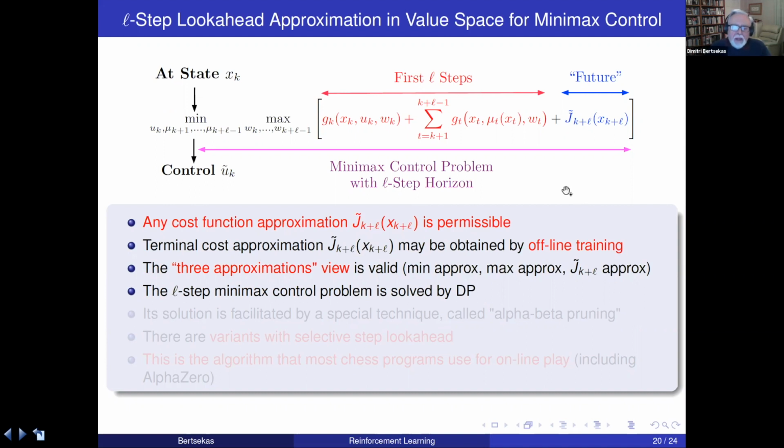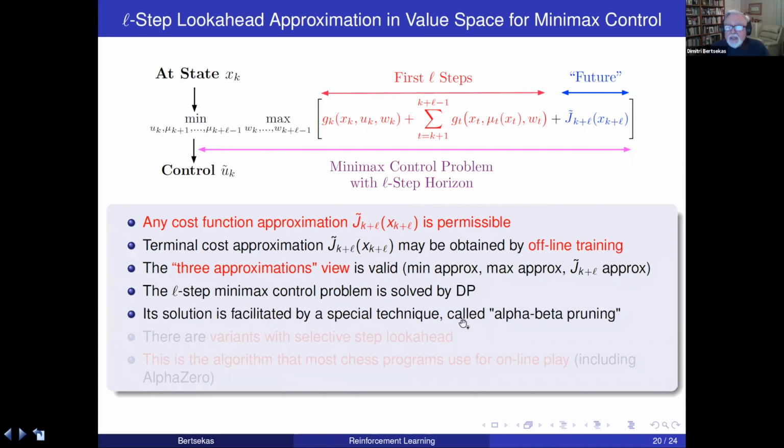And of course, this can be not so easy, but if I start at a given state and the number of possible controls per stage is relatively small, the number of possible W's is also small, then the look-ahead tree for this minimax control problem does not grow so fast, and we may be able to go a number of steps forward. It may be feasible to have a relatively small look-ahead. It's always a problem to decide how many steps of look-ahead we should use.